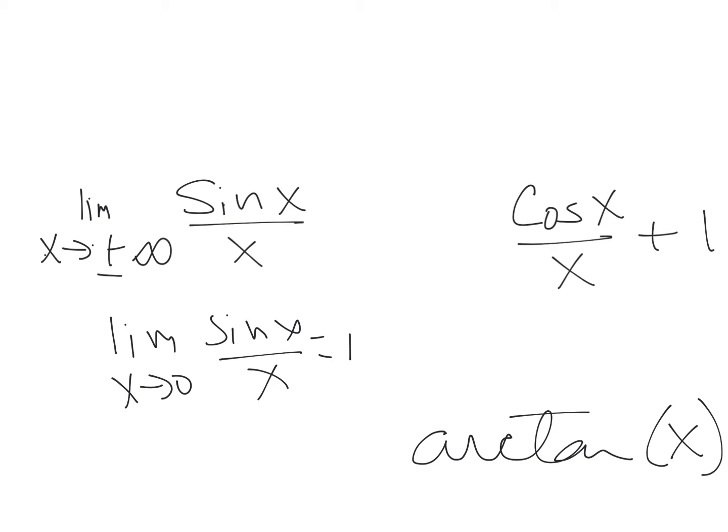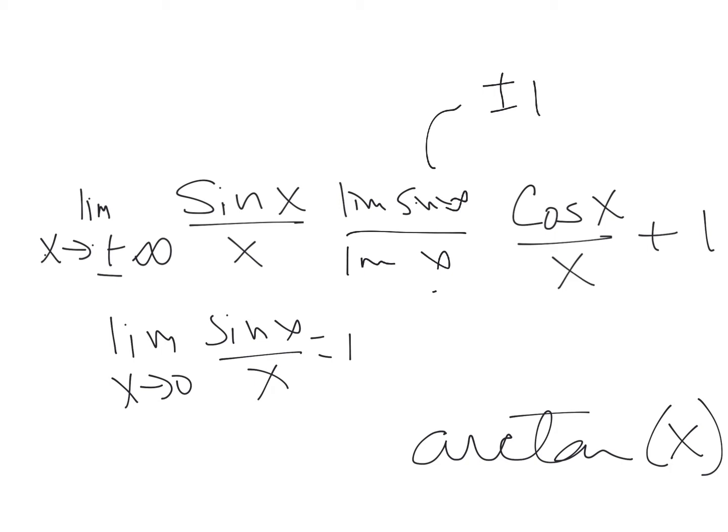Now we know one thing you can do is ask: what's the limit as x approaches infinity of sine x, and what's the limit of x? This bounces back and forth between plus or minus 1, doesn't it? But this keeps growing, either to the negative side or the positive side.